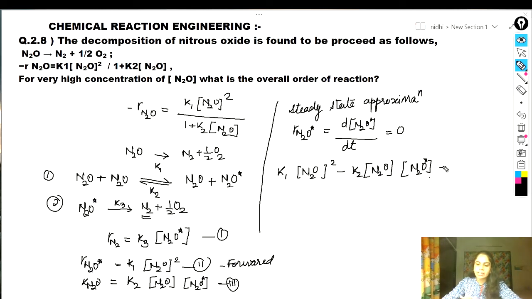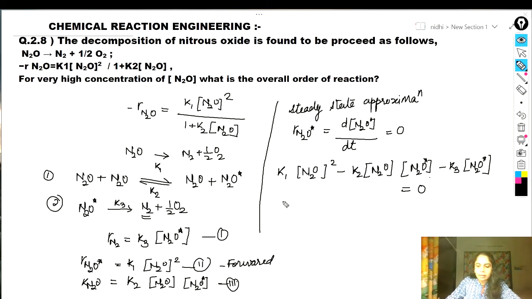Overall net rate, we are finding here the net rate of formation of intermediate. So wherever N2O star is there, we will substitute here, minus K3 N2O star, intermediate is equal to 0.